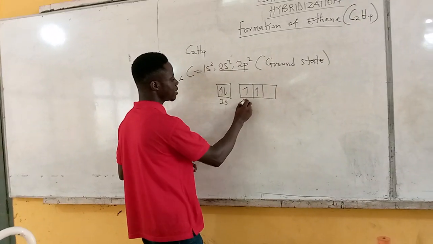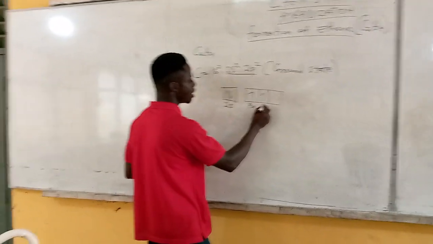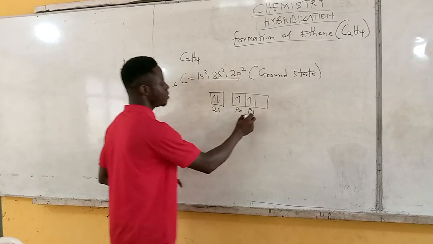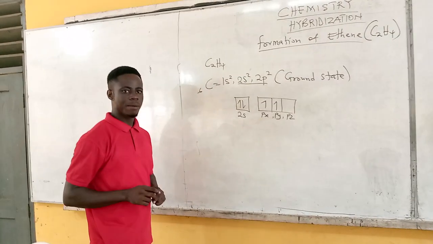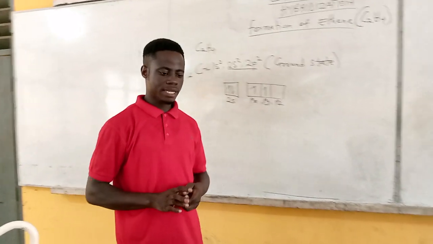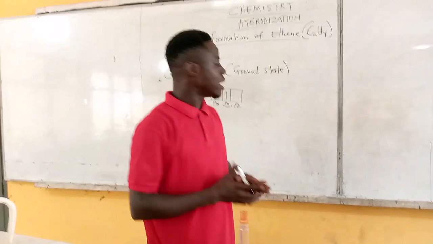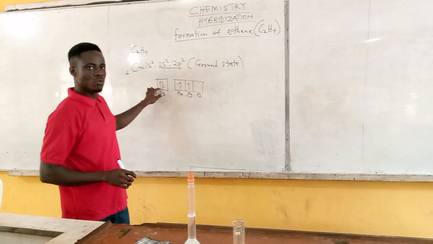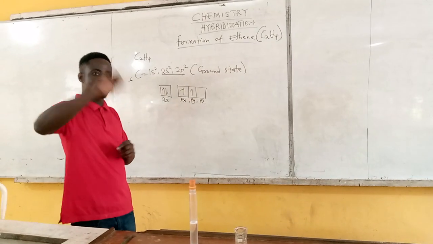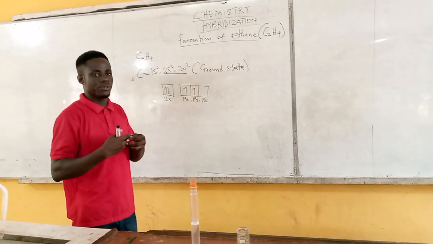So this is px and this is py, and this becomes our pz. Now, in chemical bonding, we have said this several times that paired electrons are not used in chemical bonding. It is only one. This will be having one, and we prefer to also bond with someone having one to form a bond.